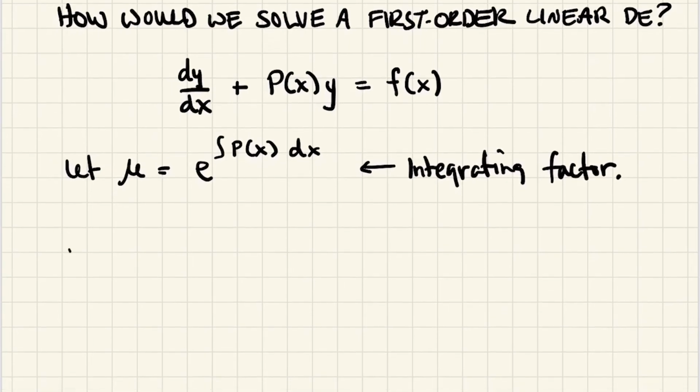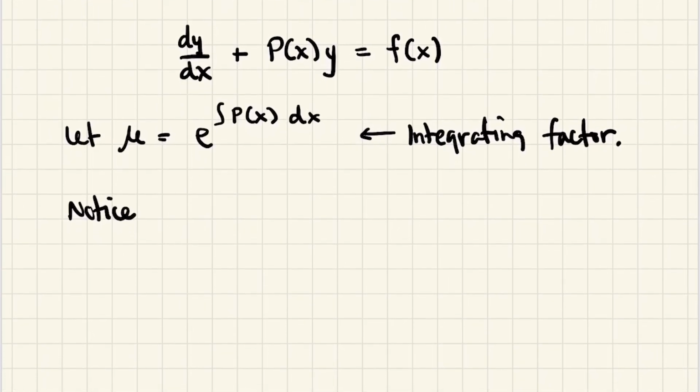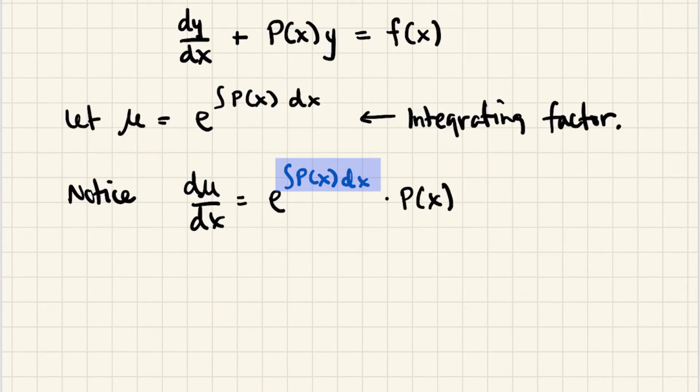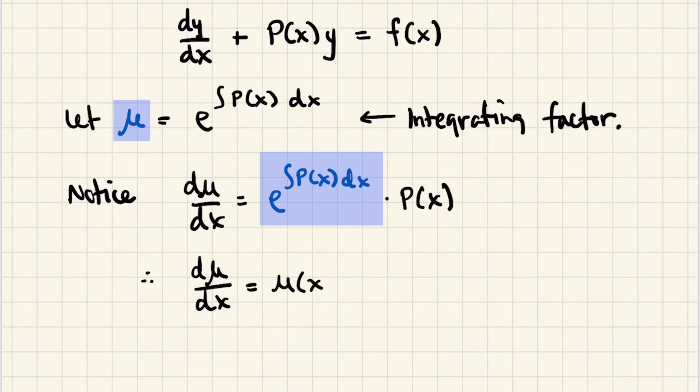Well, let's notice that the derivative of mu with respect to x is equal to, well, the derivative of e to the stuff is e to the stuff, but then multiplied by the derivative of the stuff, and that would just be p of x, which means that the derivative of mu with respect to x is equal to mu of x times p of x.